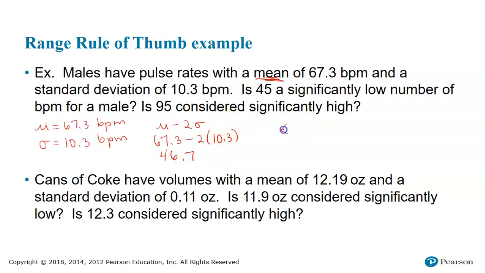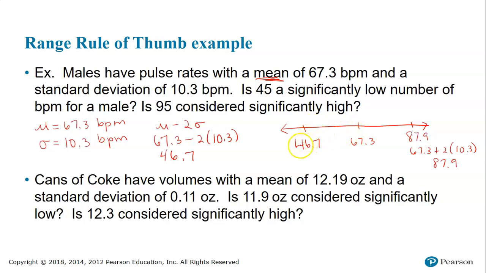So when I look at this, my mean we said was 67.3. 2 standard deviations below is going to be 46.7. If I wanted to figure out the high side here, I would do 67.3 plus 2 times 10.3, and that would give me 87.9.